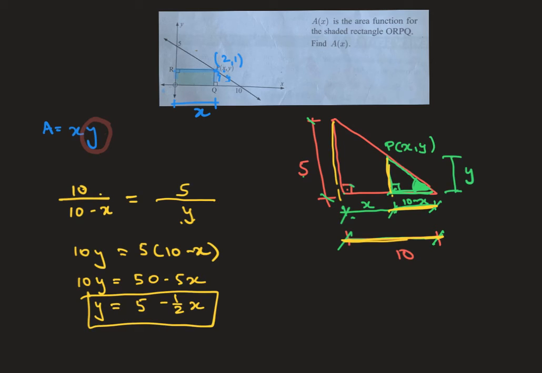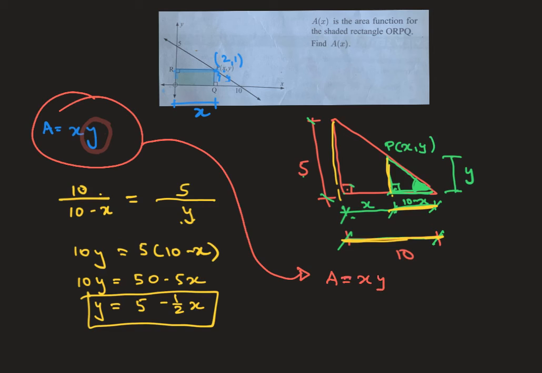Now let's go back to the area. This is the area of this rectangular shape, x times y. However, we said we want to find the area in terms of x, and this y is getting in our way.